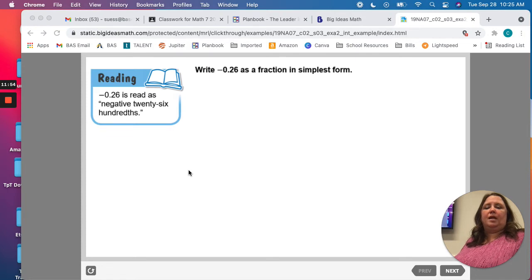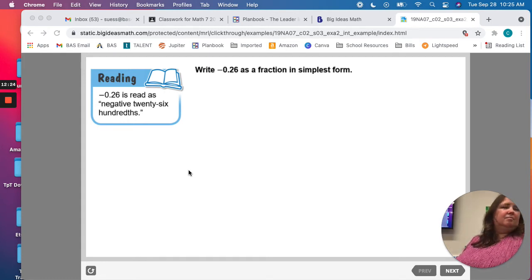We're going to write negative 0.26 as a fraction in simplest form. What does it mean when I say simplest form? It means that it has to be simplified. It means you have simplified the fraction. There's a one-word answer that starts with R. Reduction.